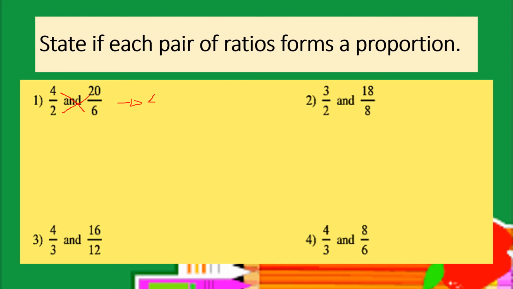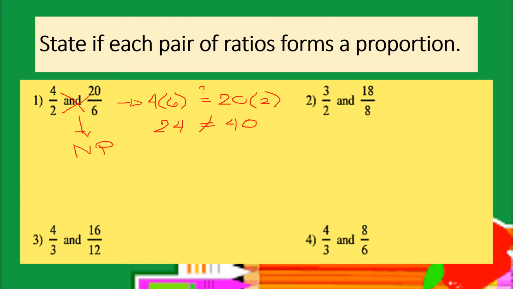So let us solve. 4 times 6, is it equal to 20 times 2? 4 times 6 is 24. And 20 times 2 is 40. Therefore, 24 is not equal to 40, meaning this is not a proportion.